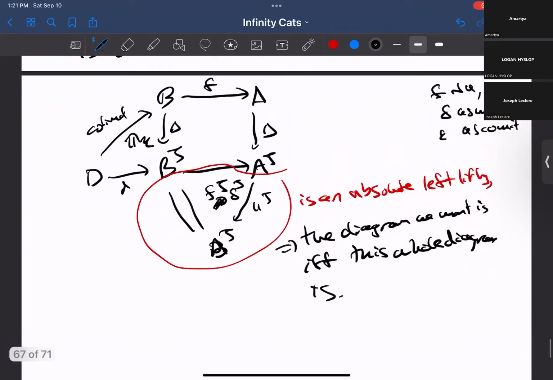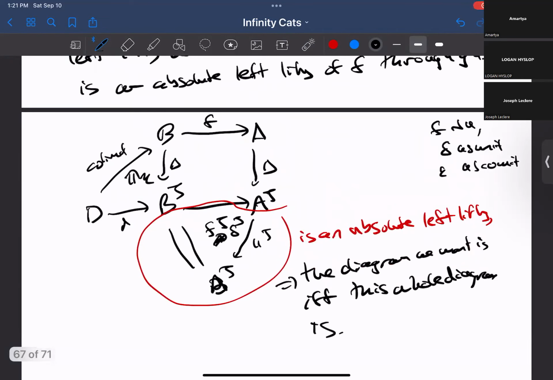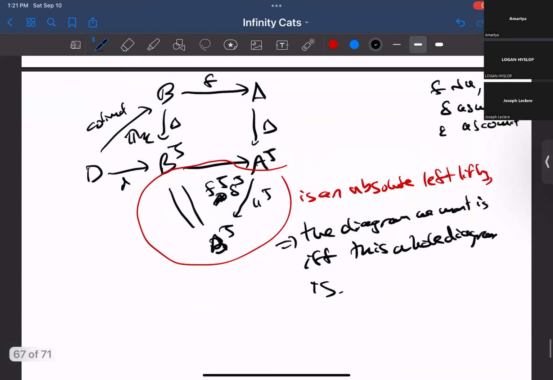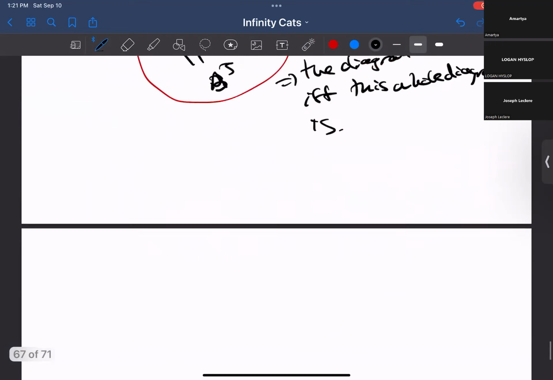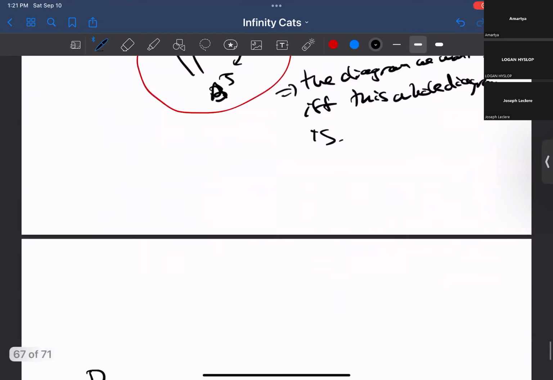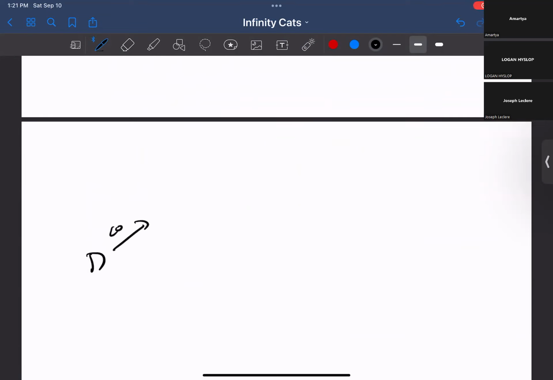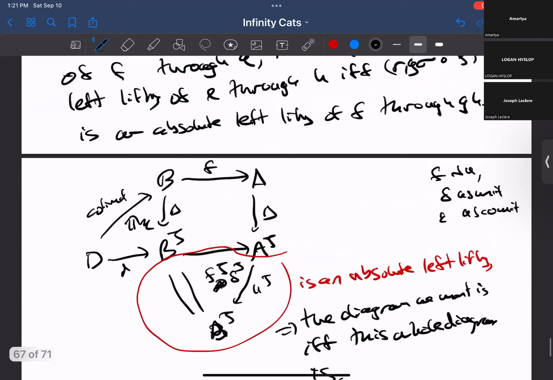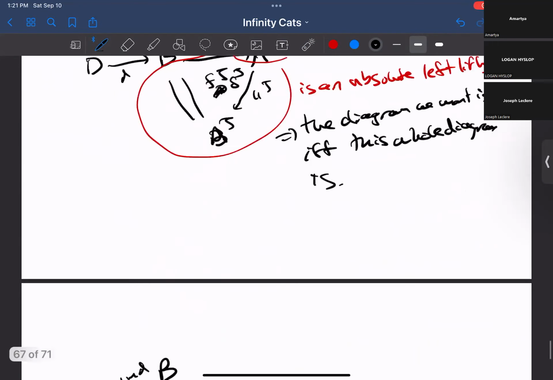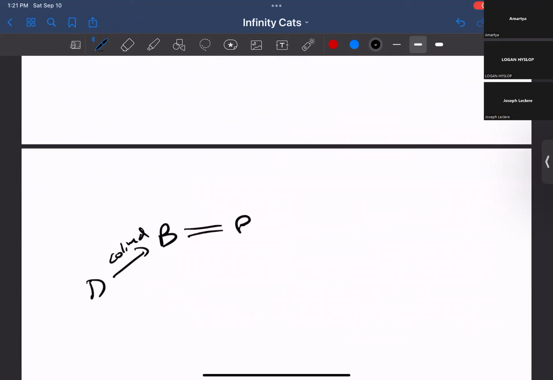Now, in order to see this whole diagram is, we're going to use naturality of the simplicial cotensor, and we're going to turn this diagram into looking like D up to colim D to B, and we're going to have equals to B here, A up here, going up by F, down by U, down by delta.